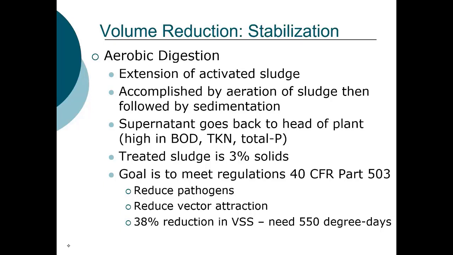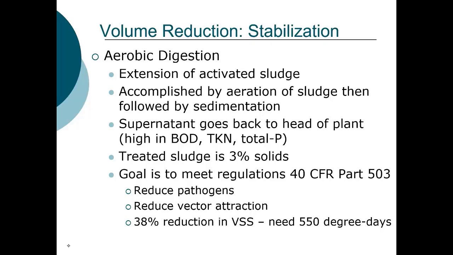And we had talked about that as important in this case where we're looking at digestion. There typically is no subsequent process. The sludge from the digester is then trucked off to one of multiple locations, and we'll talk about that. So aerobic digestion is basically an extension of activated sludge.